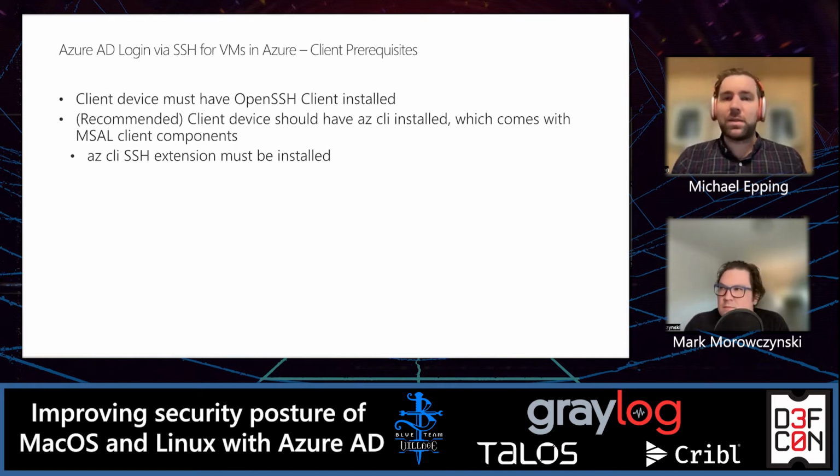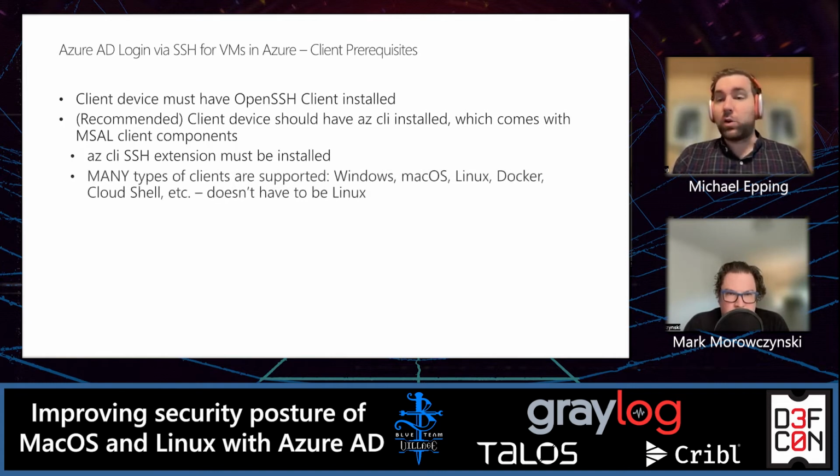So I recommend using AZCLI, and I'll show you the commands for that in a little bit. There's also an extension for AZCLI that you have to install one time. You can run this on basically any client OS, so Windows, Mac, Linux, Docker containers, Azure Cloud Shell, basically anything, again, that supports OpenSSH and AZCLI is going to work here.